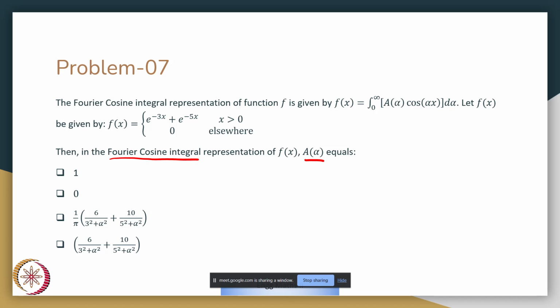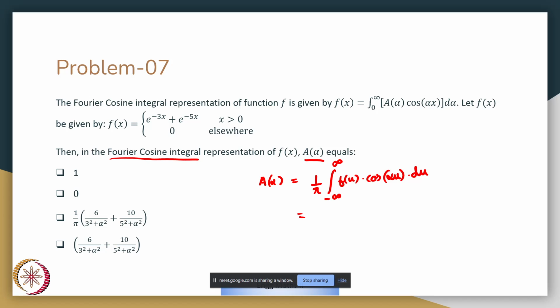To calculate the Fourier cosine integral, we essentially have the coefficient A of alpha again given as 1 over pi times the integral from minus infinity to infinity of f of u cos of alpha u du.